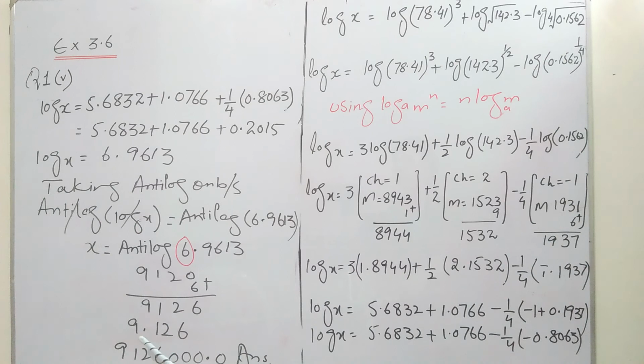Now writing the decimal in its reference position, which is 9.126, just after the first non-zero digit, and now we will move this decimal point according to our characteristic, which is 6. So we will move it 6 digits. So 1, 2, 3 and 3 digits are missing. So we will put 3 zeros and we get 9126000.0, which is the answer of our question.